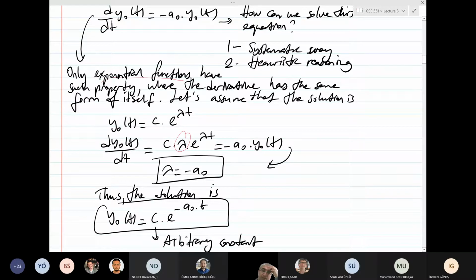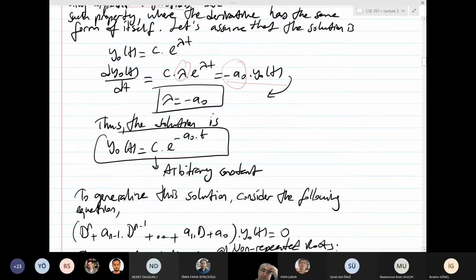Now that is equal to minus a0 times y0, which is c times exponential lambda t. Then lambda is going to be equal to minus a0.